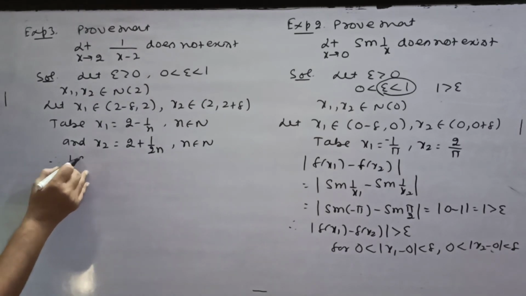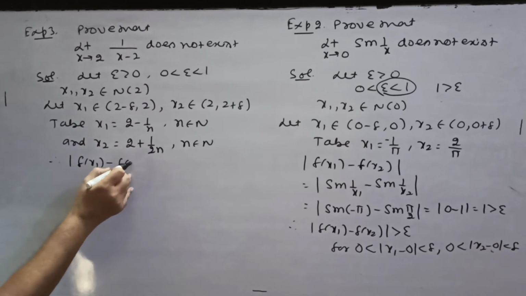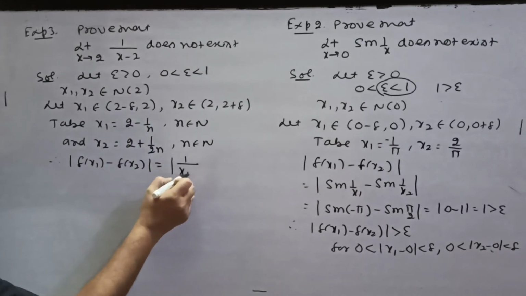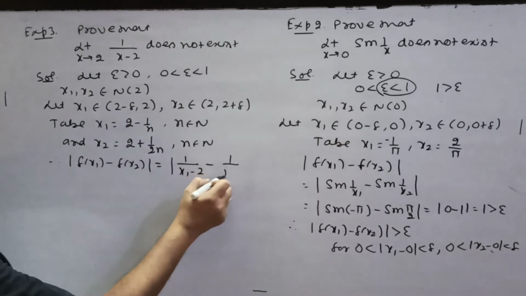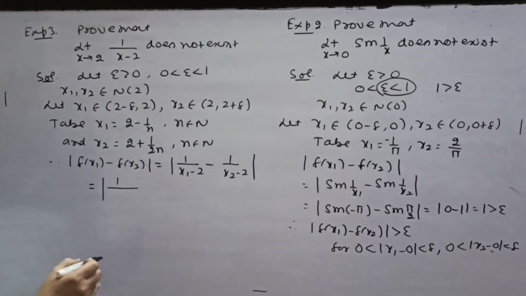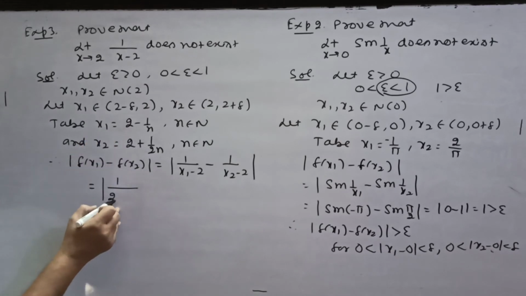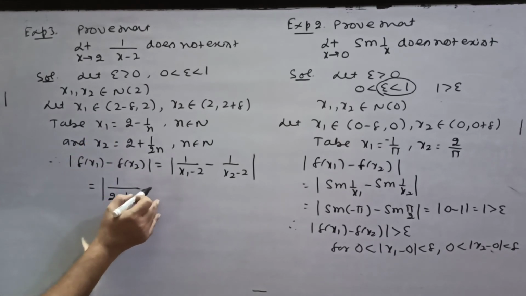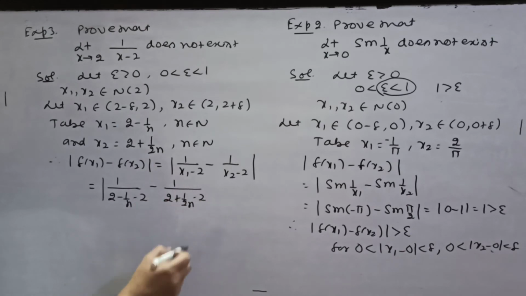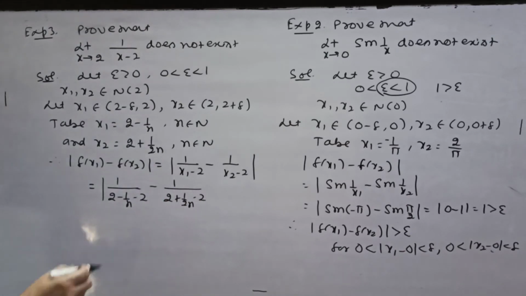So f(x1) minus f(x2) equals 1 upon x1 minus 2 minus 1 by x2 minus 2. That is 1 by (2 minus 1 by n minus 2) minus 1 by (2 plus 1 by 2n minus 2).